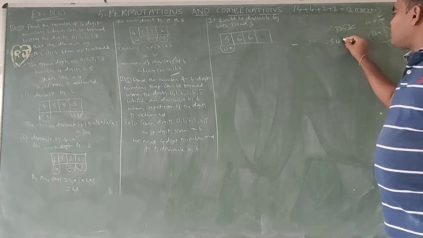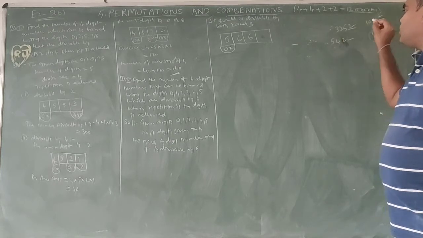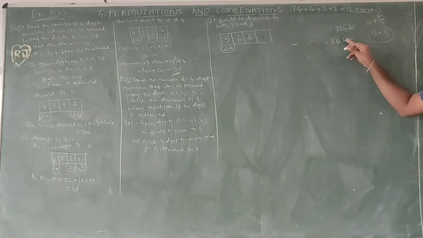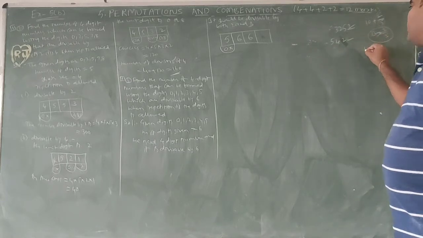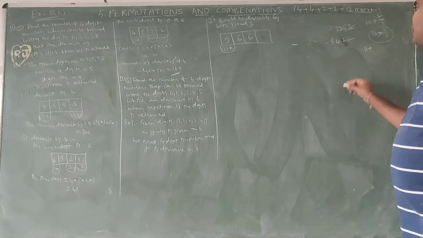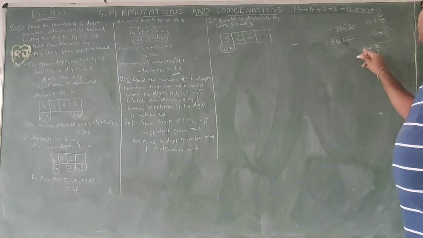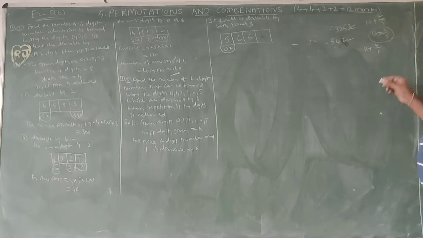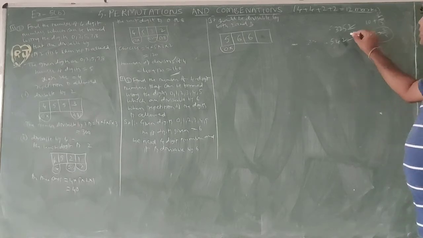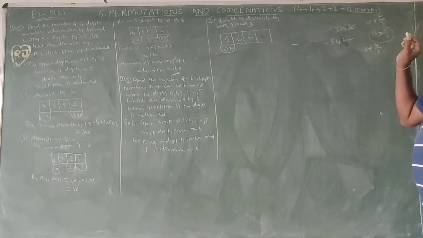So 5, 4, 2. 5 plus 4, 9. 9 plus 2, 11. 11 plus, we should add either 4 or 1. 11 plus 1, 12. 11 plus 4, 15. 12 and 15 are divisible by 3. Okay, either it is equal to 4 or it is equal to 1.